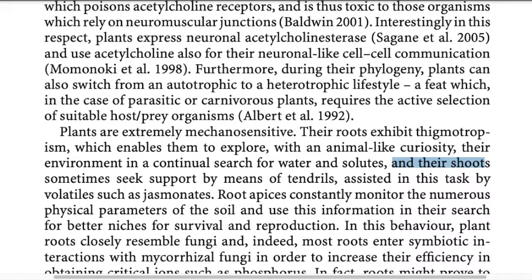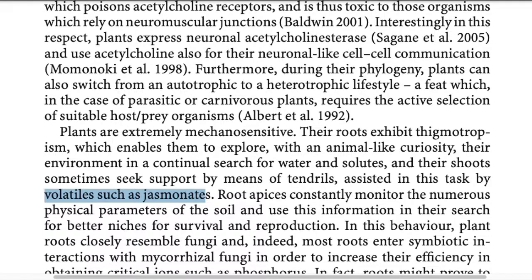And their shoots sometimes seek support by means of tendrils, assisted in this task by volatiles such as jasmonates. Jasmonates. Is that like jasmine? So yeah, the little tendrils they send out when their vines are growing.